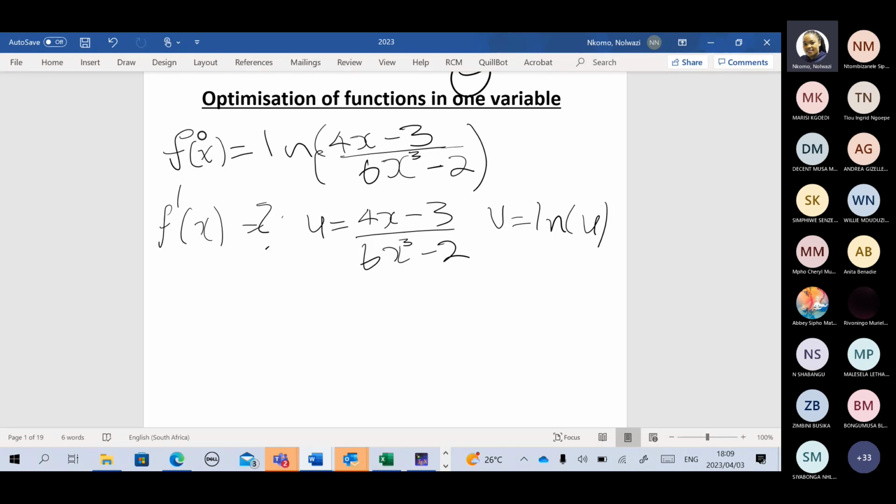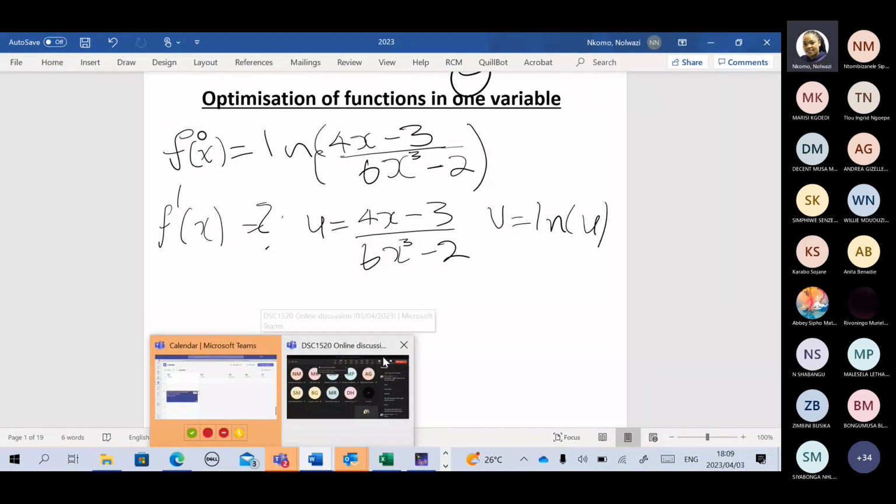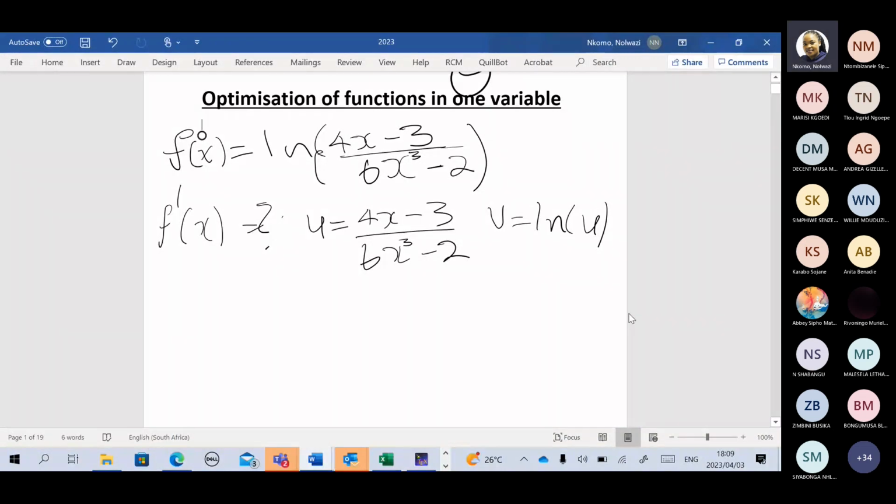Using the chain rule, f prime at x equals the derivative of the outer function, v prime, times the derivative of the inner function, u prime, right?